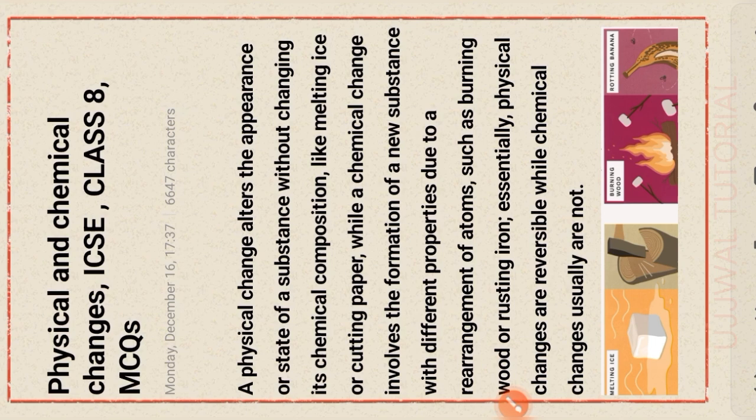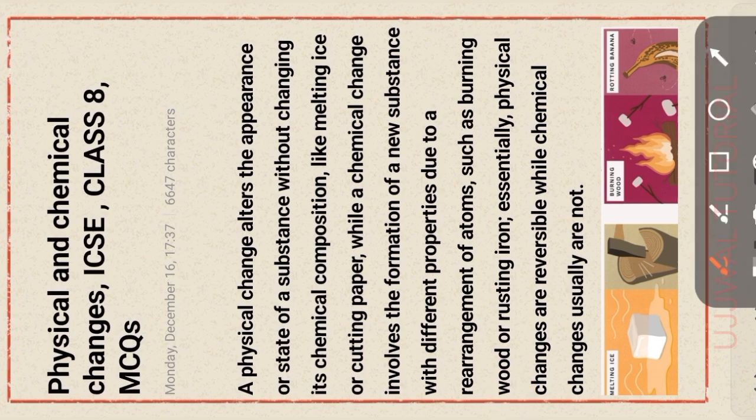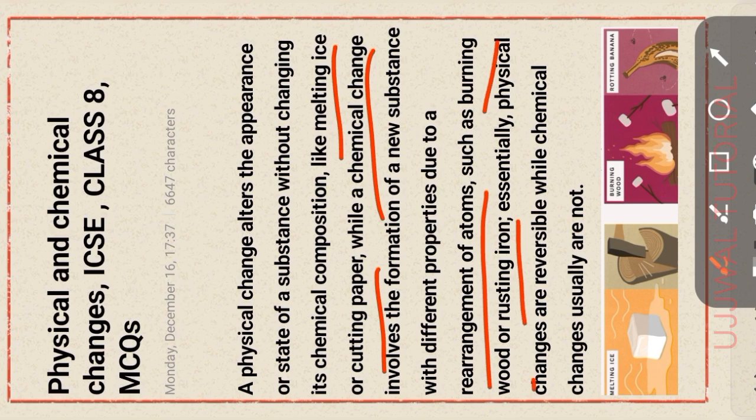A physical change alters the appearance or state of a substance without changing its chemical composition, like melting ice, cutting paper, folding paper, while a chemical change involves the formation of a new substance with different properties due to a rearrangement of atoms, such as burning wood, rusting of iron.